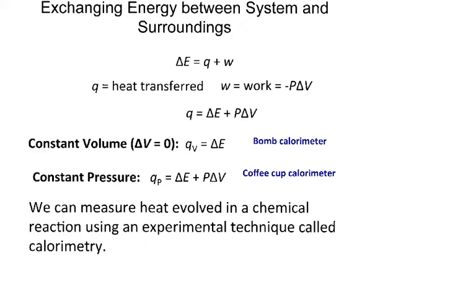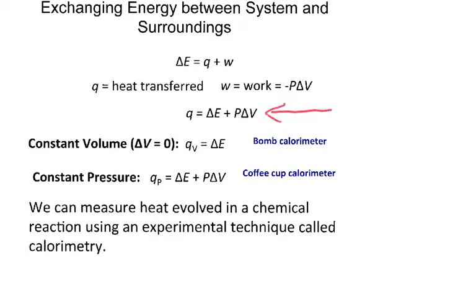So remember, the change in energy delta E is equal to heat plus the work, and we said that work is equal to negative P times delta V. We can rearrange this equation to say that the heat transferred from a particular reaction is equal to delta E plus P delta V.